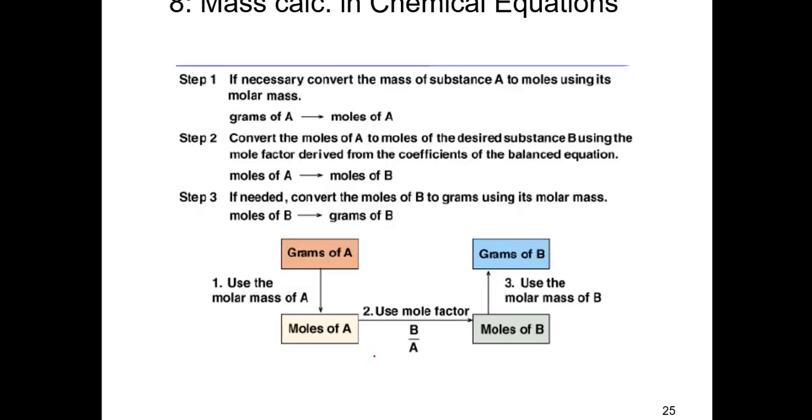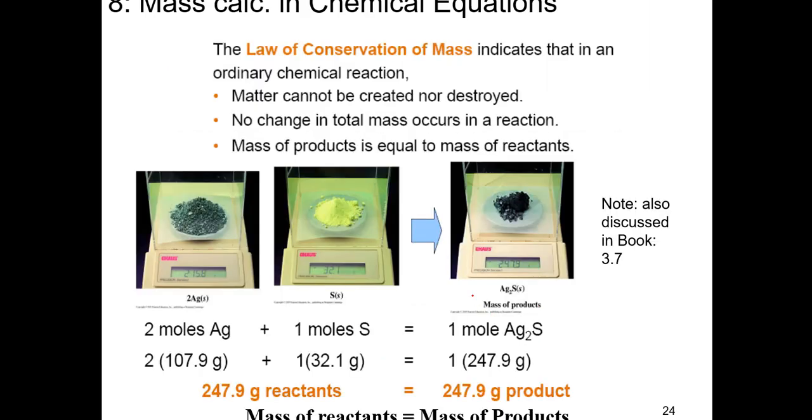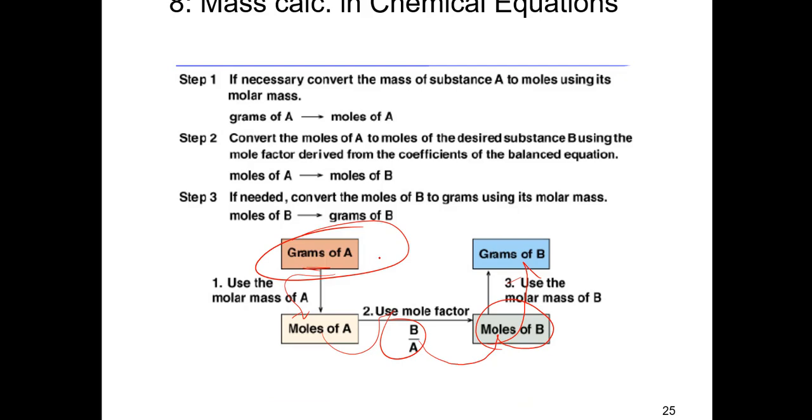Now, with that premise, we can automatically assume that we can convert from our grams into moles and then use a mole ratio. And then when we're in moles of our other substance, convert that into grams. So be familiar with the concept where the mass of the reactants equals the mass of the products, and then the rest of this is the same pattern that we just got finished showing you.